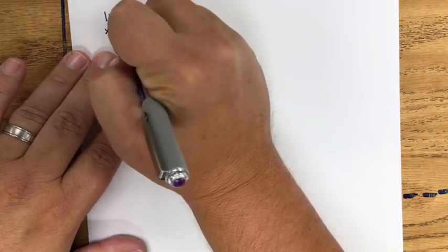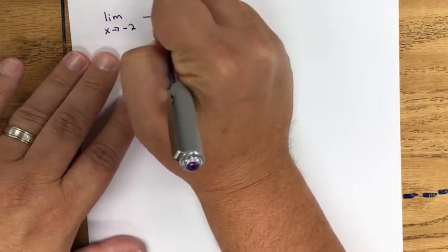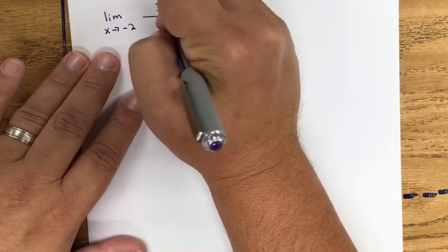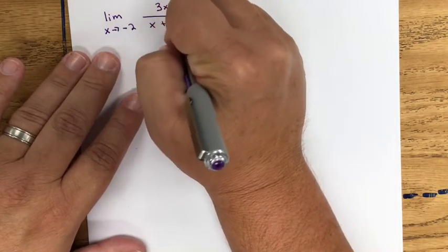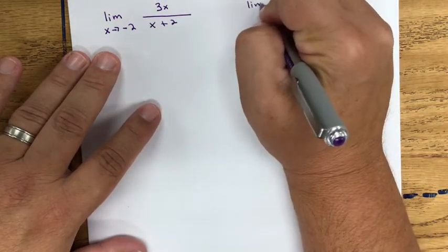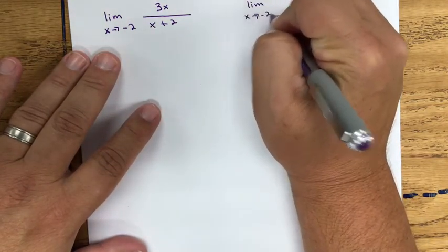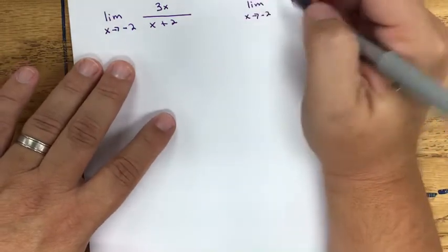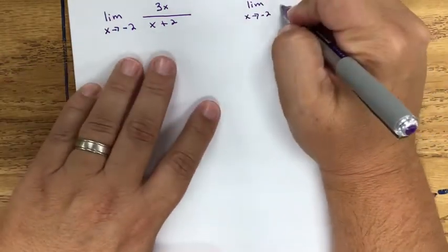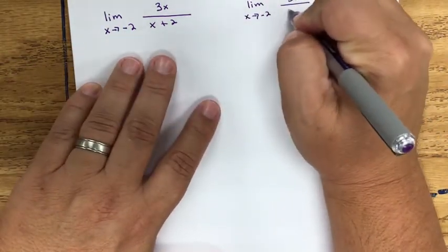The limit as x goes to -2 of 3x squared over x plus 2, and the limit as x goes to -2 of 3x squared over x plus 2.